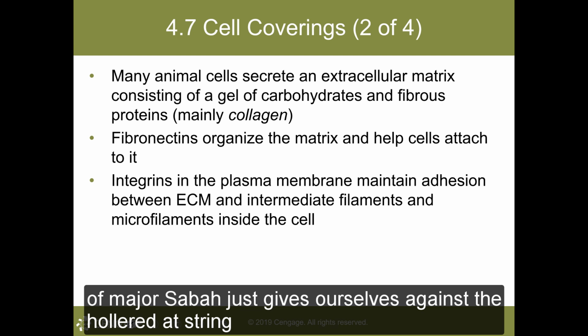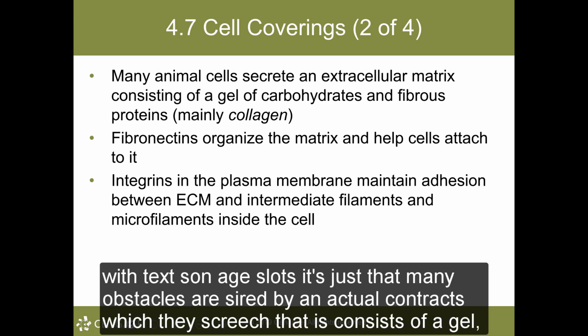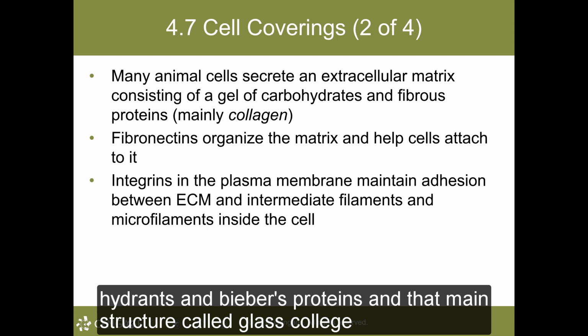To end this, with the extracellular matrix, many animal cells are surrounded by an extracellular matrix, which they secrete, and it consists of a gel of carbohydrates and fibrous proteins. And that main structural protein, class, is collagen, that forms many of those tough fibers.